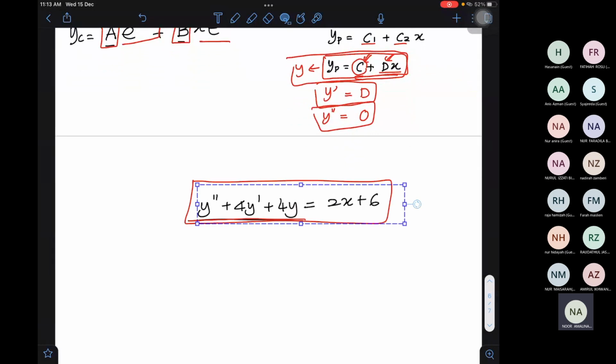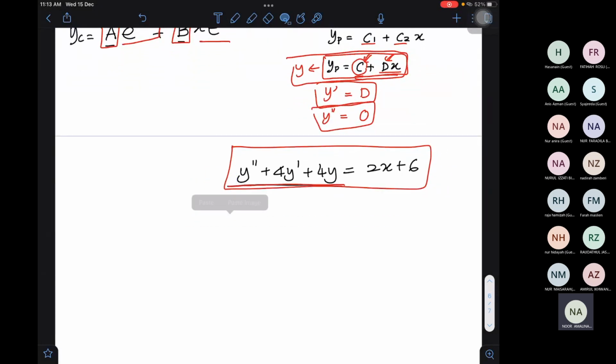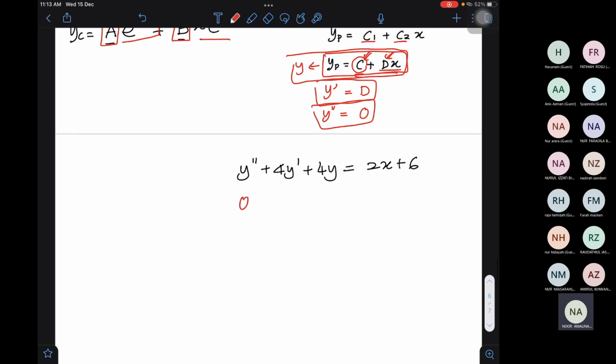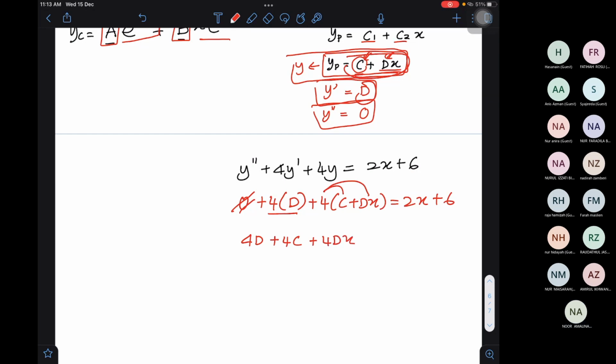So kita masukkan y double prime kosong tambah 4 darab y prime, y prime kita adalah constant D, tambah 4 darab y, y adalah C plus Dx, sama dengan 2x tambah 6. Lepas tu kita expand. Kosong ni habislah. 4D, 4C, 4Dx sama dengan 2x tambah 6.